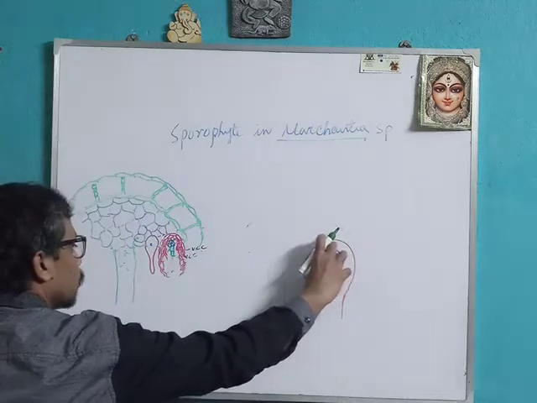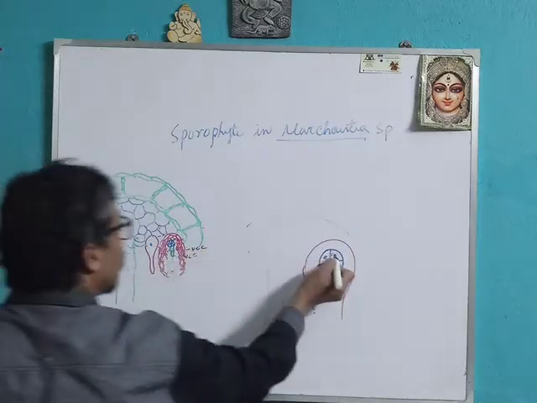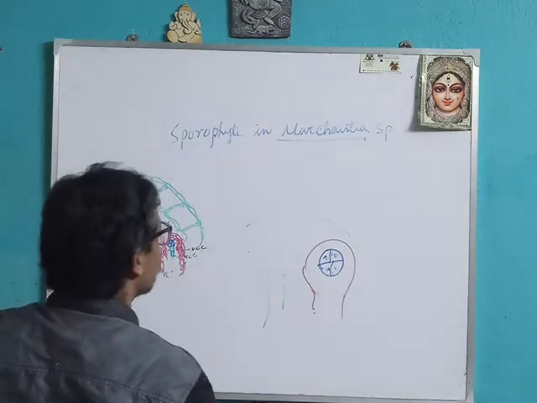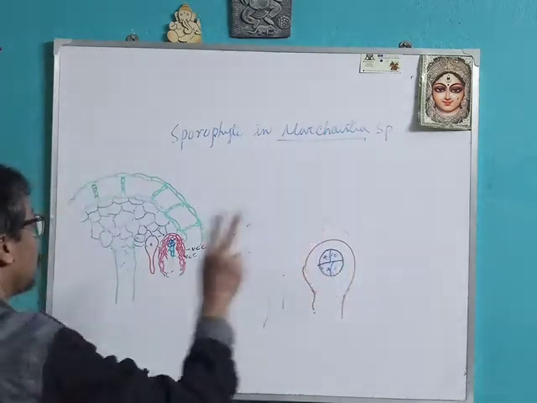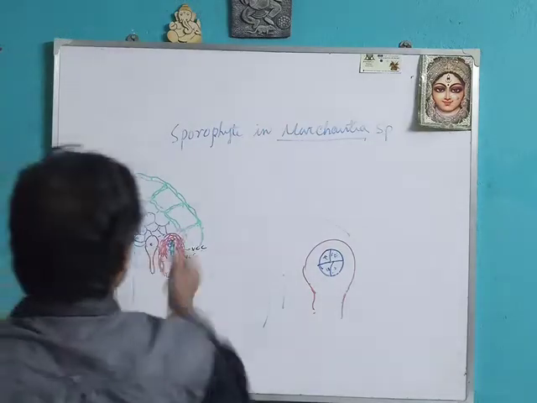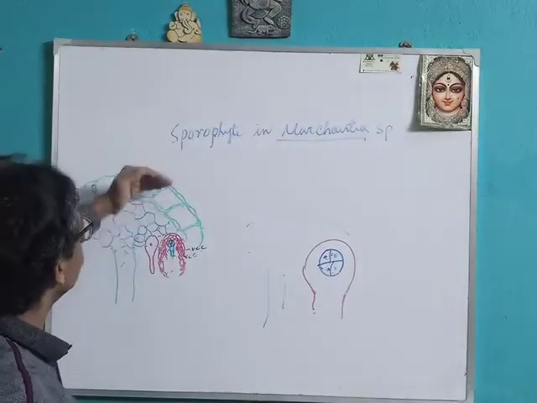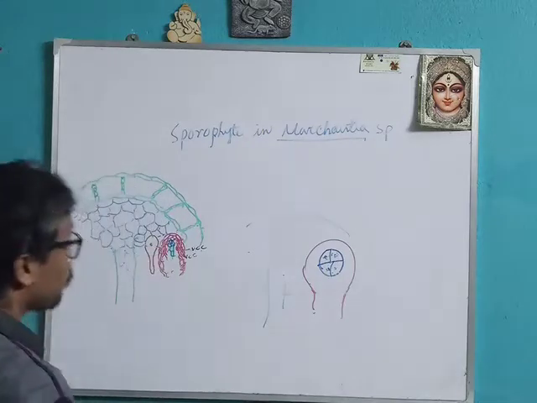This particular portion will undergo division and redivision. This is a hypobasal cell. The hypobasal cells will give rise to the foot and part of the seta of the lower portion, because this one is the basal portion, so the lower portion.